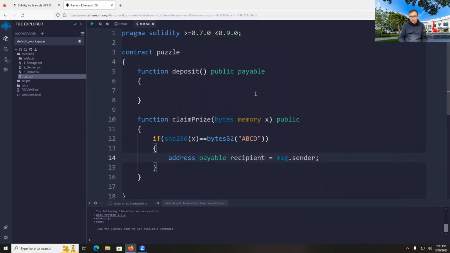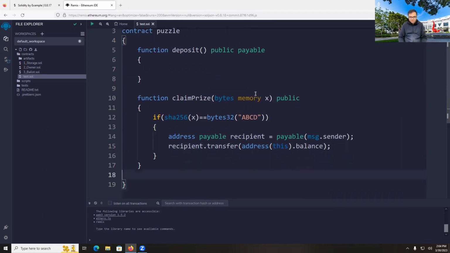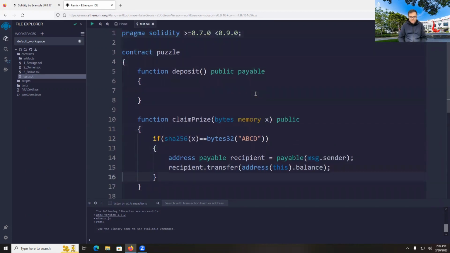So whoever called this function, but I have to also make it payable. And then I just say recipient.transfer, and how much money I want to transfer. I basically want to transfer all of the balance of the current contract. And we've seen that the way we can do that is like this. So I can get the balance of this contract and I can send it to the person who solved this.